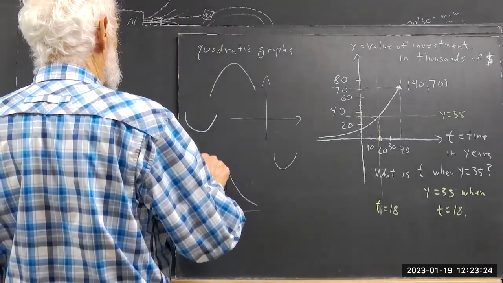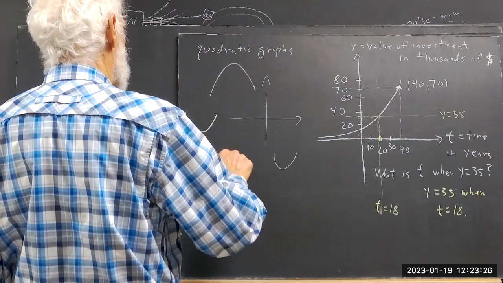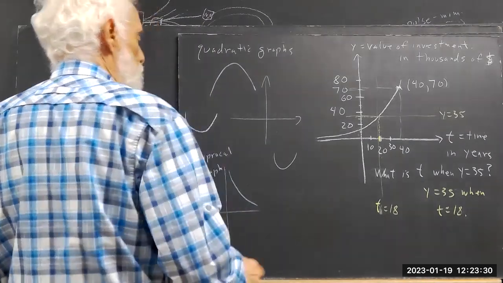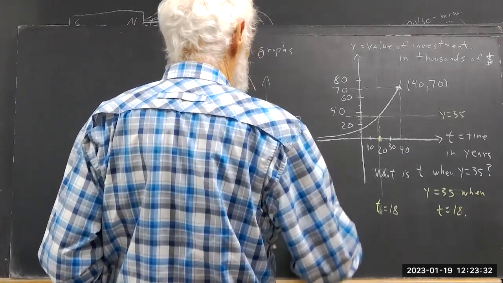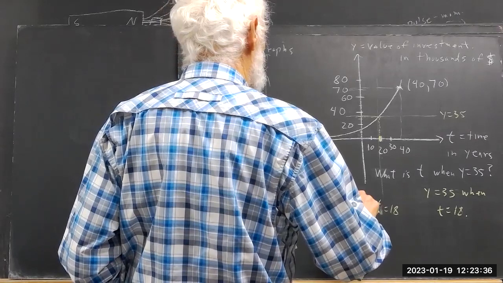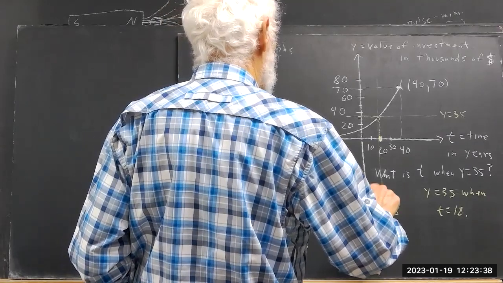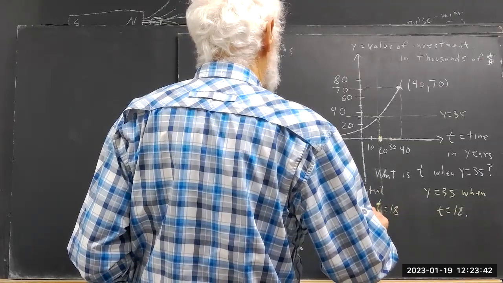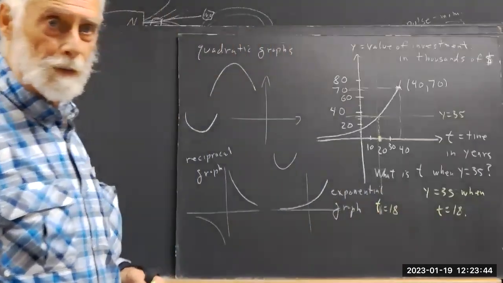These are reciprocal graphs. And we call this the exponential graph.